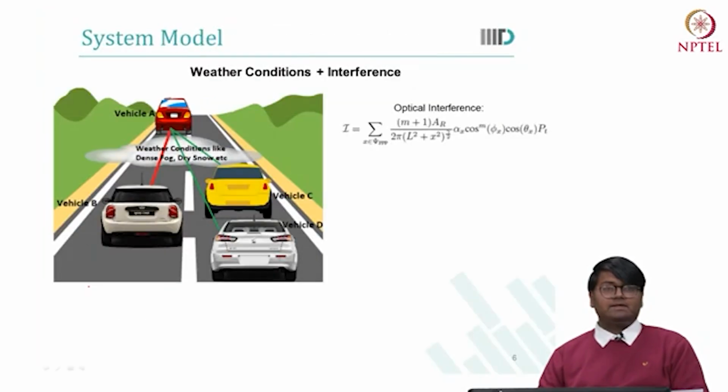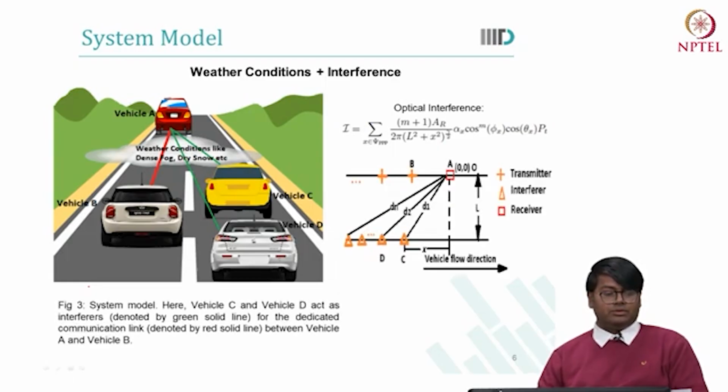Now I'll briefly discuss our system model. So this is our system model where we consider a typical V2V, vehicle to vehicle, communication scenario.